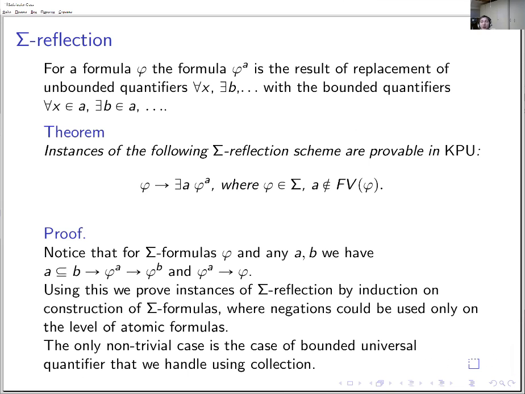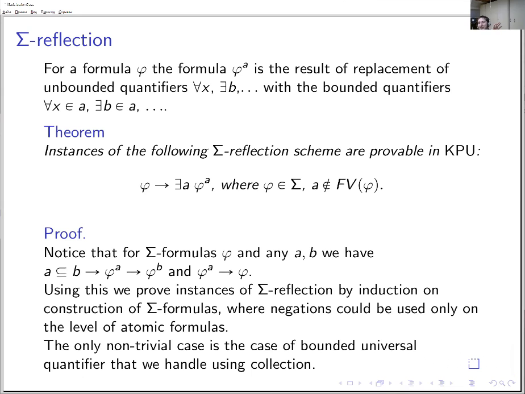If you take some formula phi, then the relativization of phi to a set A is the formula where we replace all unbounded quantifiers with bounded quantifiers, where the bound is our set A. The idea is that if you think about A as a transitive model, then this means you look at the truth value of this formula inside a transitive model, at least as long as the parameters of the formula are inside A. If not, it's a slightly different thing.